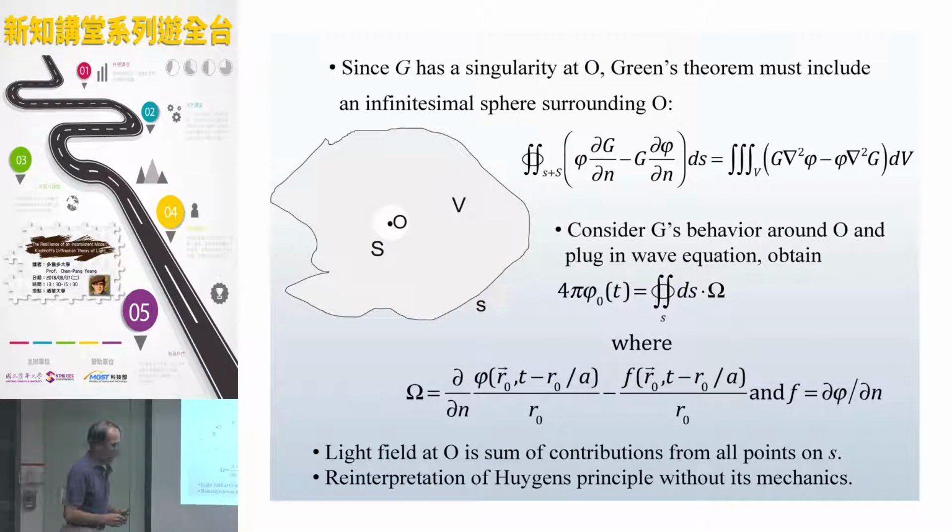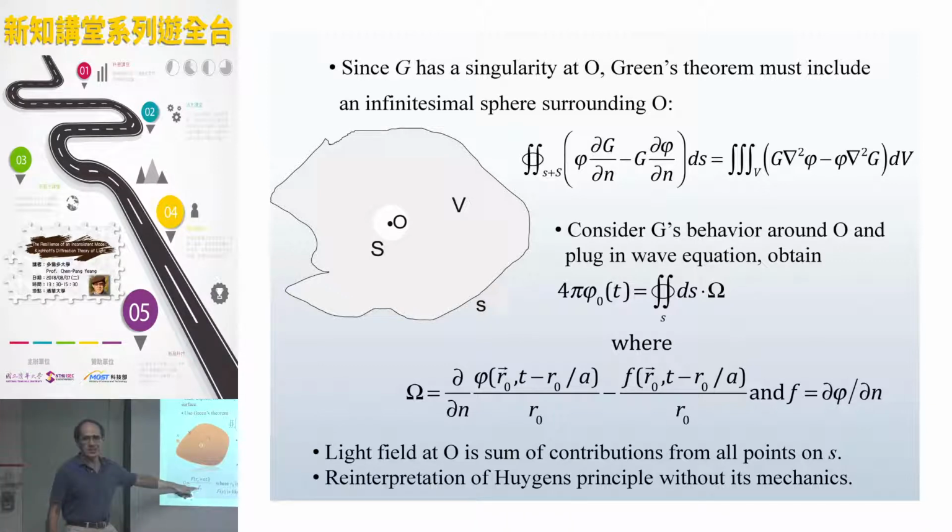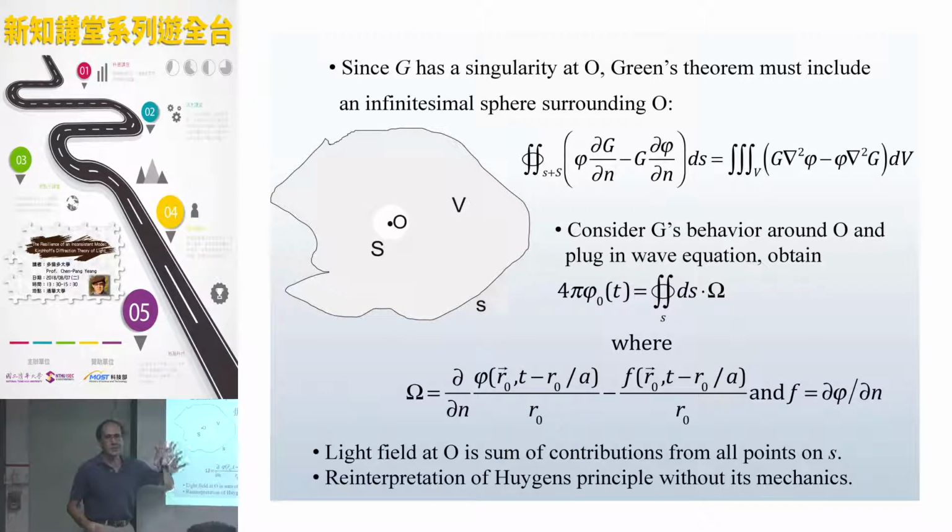Now, this Green's function has a singularity at the point of observation O, right? When it's at O, R0 equals 0, so that's a singularity. So strictly speaking, when we consider the Green's theorem, we should encircle this point of observation within a small volume and consider only the volume exterior to that small neighborhood.